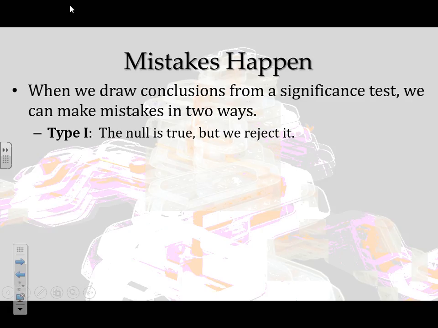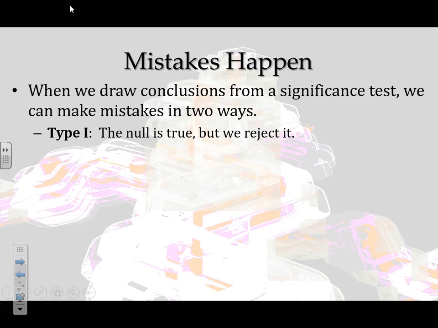So we probably grabbed a rare sample. That rare sample said, it's not possible. We don't believe that the original is still true, so we reject it, when in fact it was, and you just happened to grab a really rare sample. Okay? So type 1, the null is true, but we reject it anyway. We say it's false when we shouldn't have.